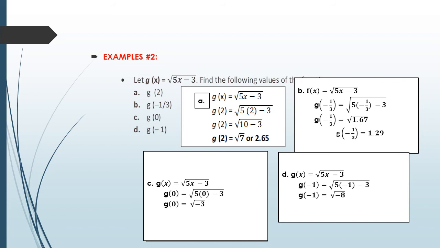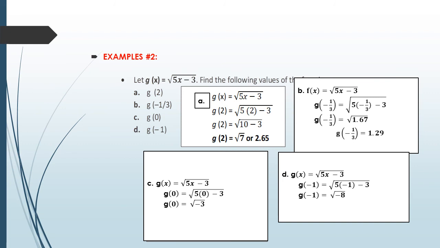Next, letter B. G of x is equal to square root of 5x minus 3. Yan po ulit yung ating given sa example number 2. So, now let's solve and let's apply the word of evaluating function. Okay, so ang given natin ulit ay square root of 5x minus 3 na ang isa-substitute po natin ay makikita natin sa letter B at yun po yung negative 1/3.